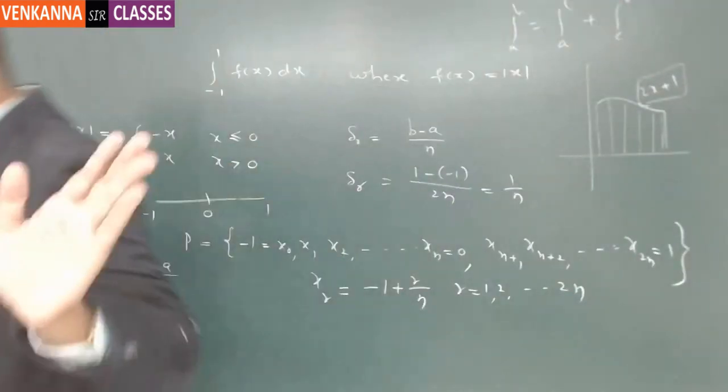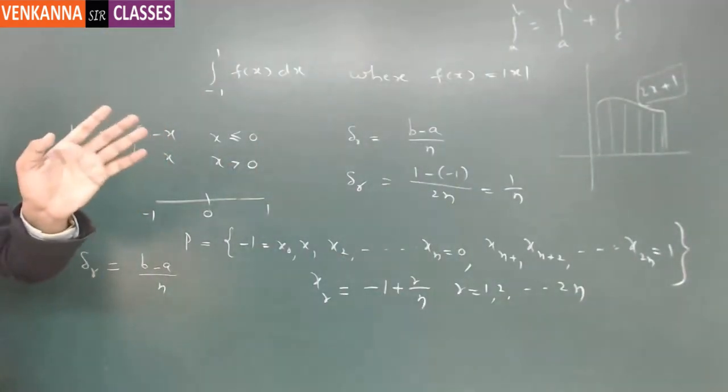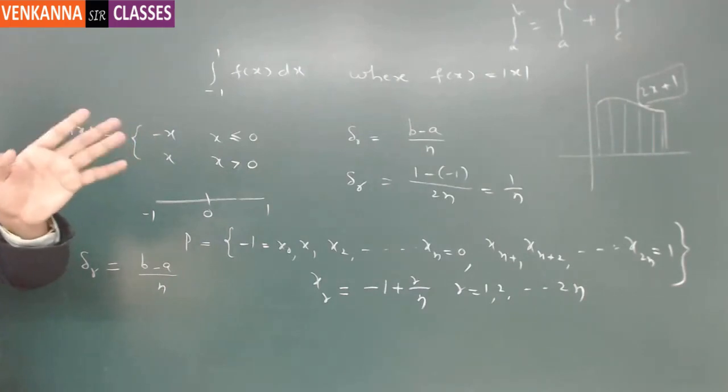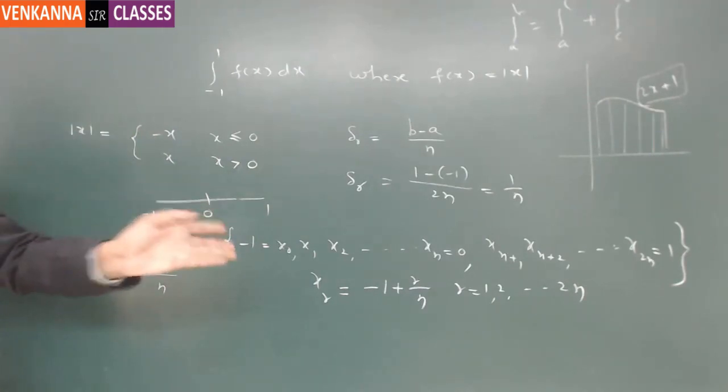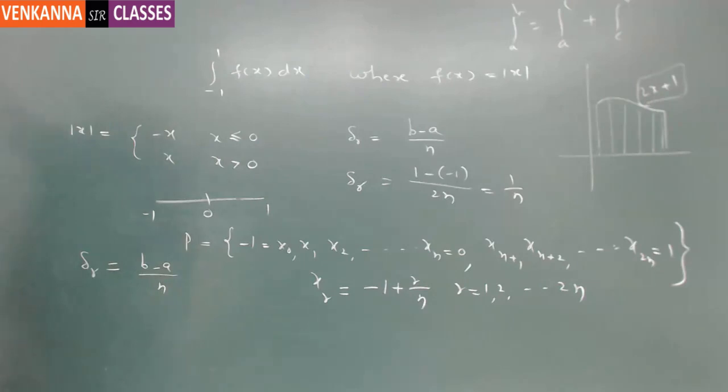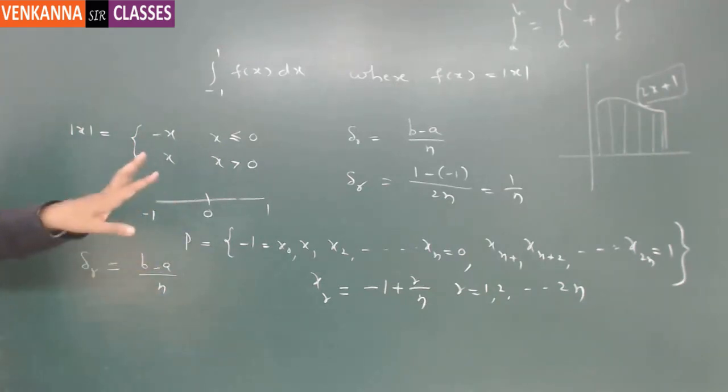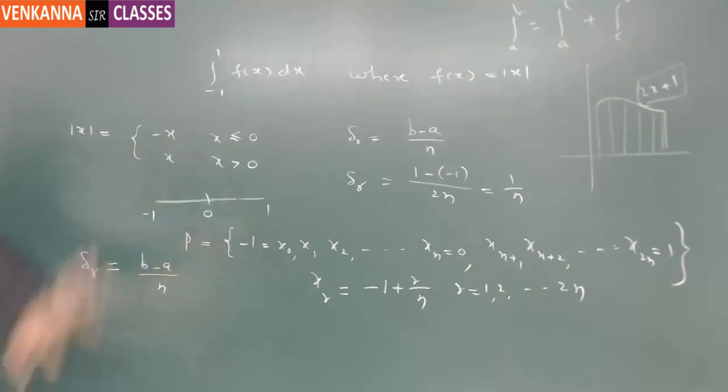You have this property in integrations, right? There is no difference in making a partition. For the same problem, you fix n only. There is no doubt at all.